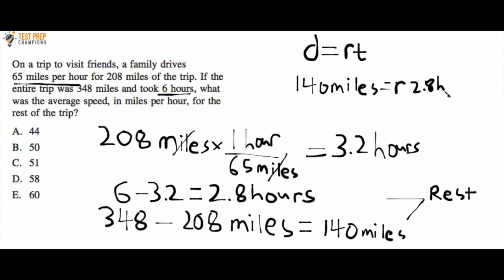I need to figure out what the R is, so I want to divide by 2.8 on both sides here. And when I do 140 divided by 2.8, the answer is that 50 equals R. So after all this work, the final answer was B, 50 miles per hour.